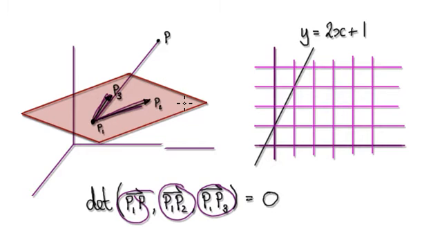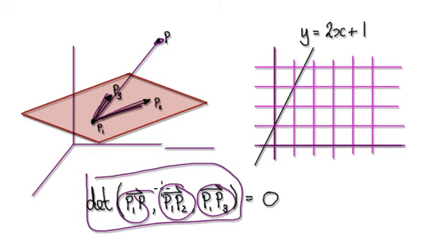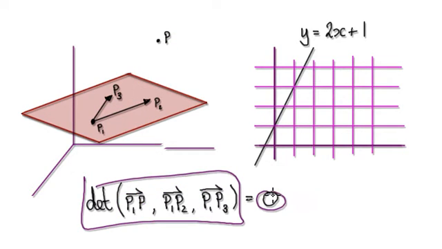Now, if you select this point here, it would be bad because the determinant will give you the volume of the parallelepiped. But to describe the plane, we would demand that the determinant of this equals 0.